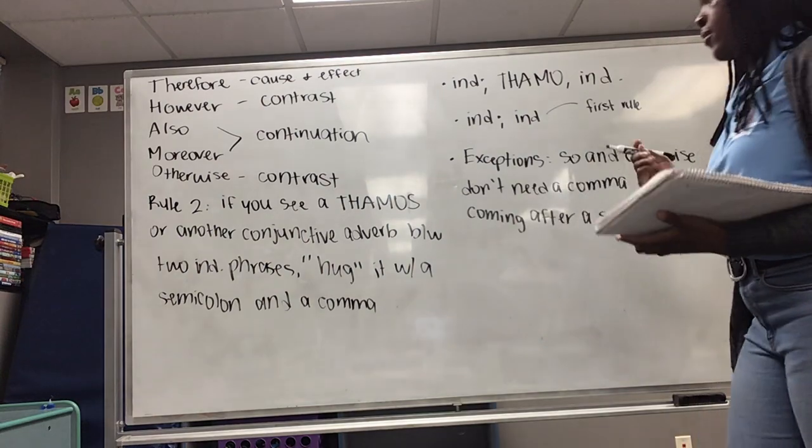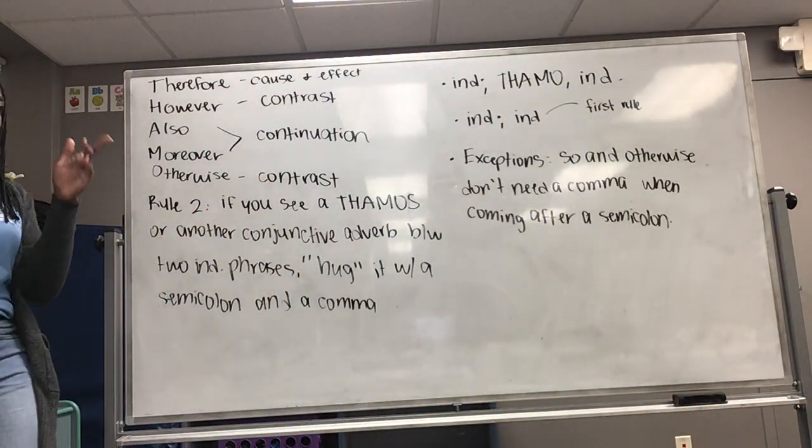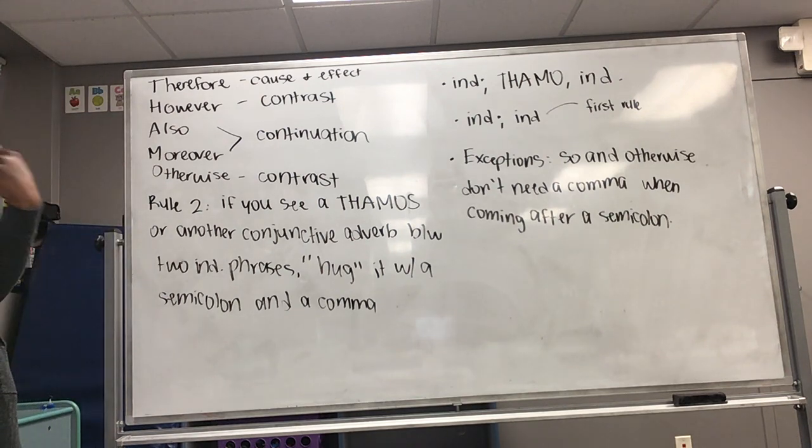Okay, so with my second rule, the exceptions are that the words so and otherwise don't need a comma when coming after a semicolon. So those are exceptions to that second rule that we just talked about.